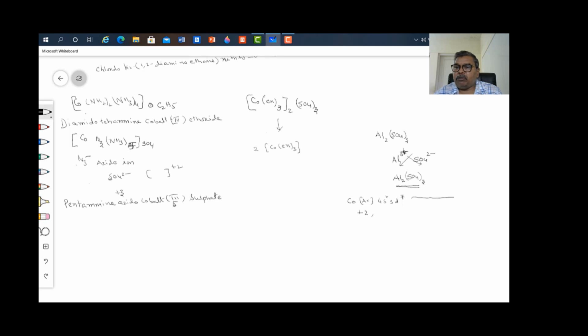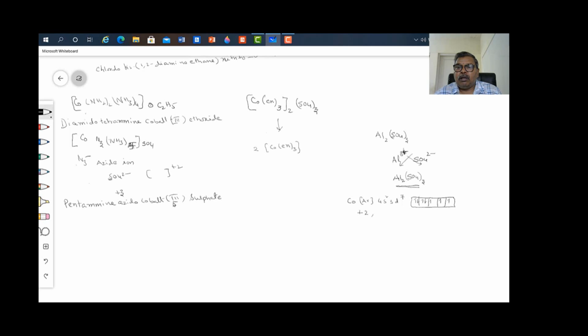In 3d7, 3 unpaired electrons are present.